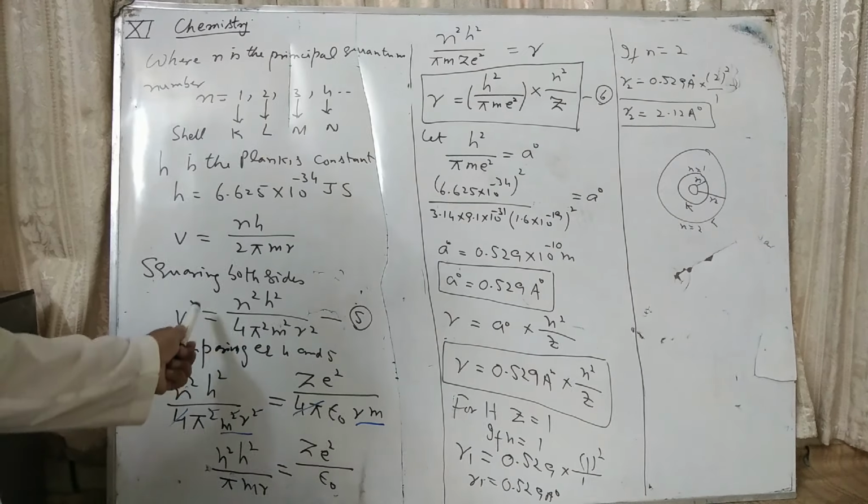Similarly, epsilon naught is a constant and its value is 8.85 × 10^-12. Simplifying this equation, we get 0.529 angstrom, which is a constant radius. Now we put the value of n varying from 1 to 3, and z is the atomic number, which changes with different elements.